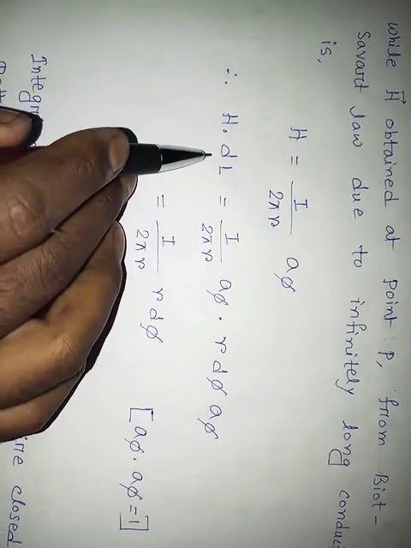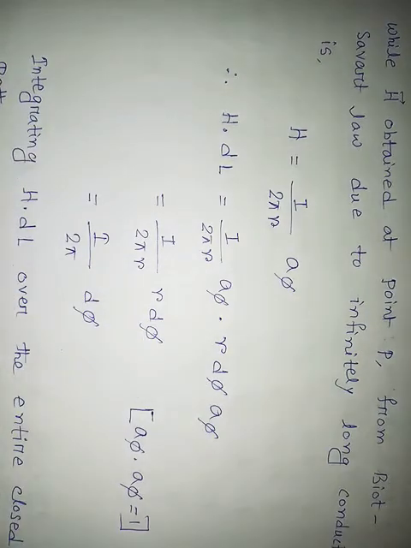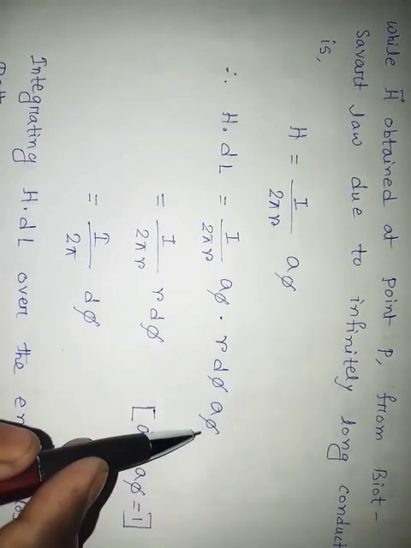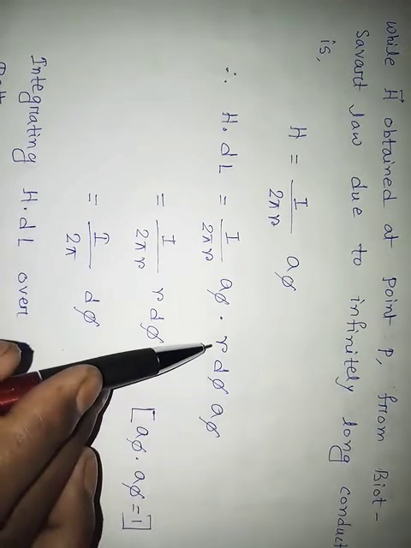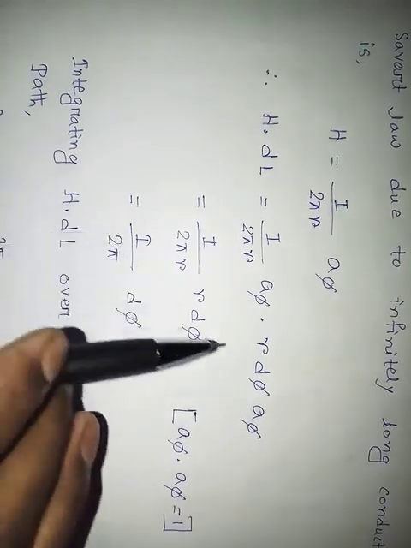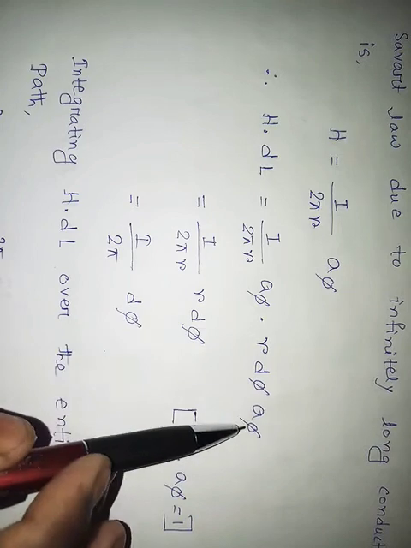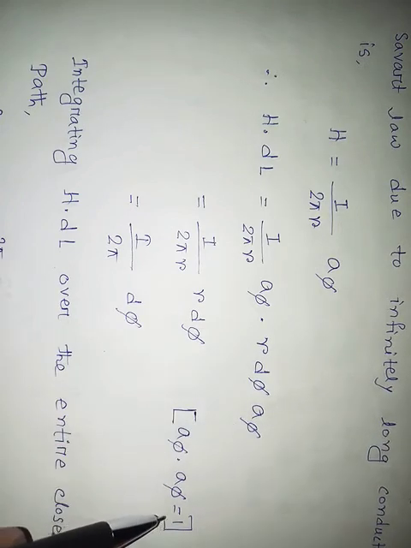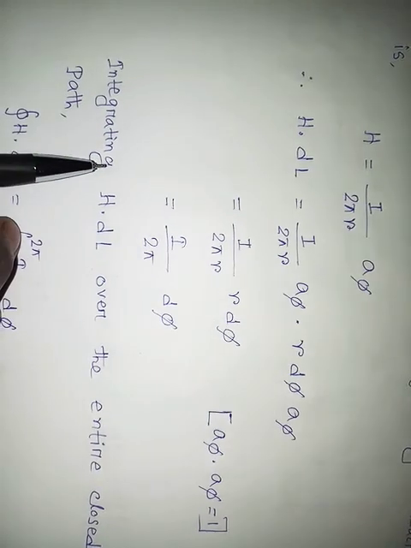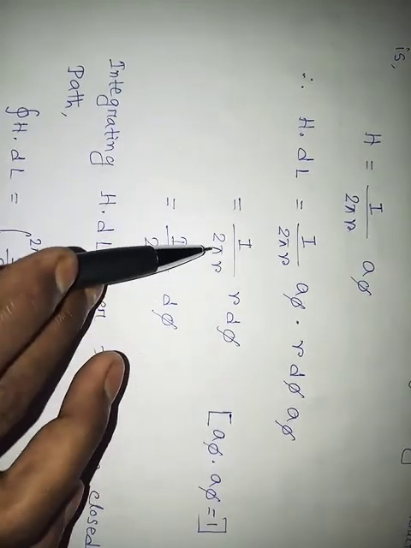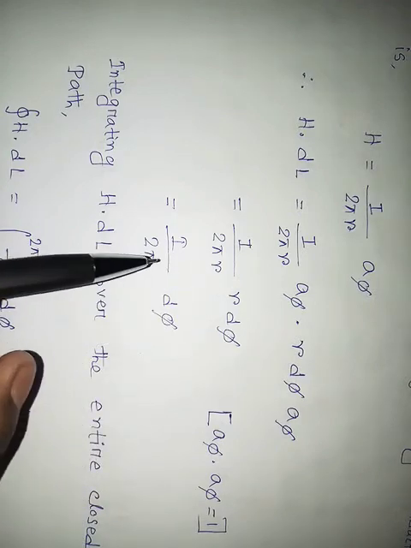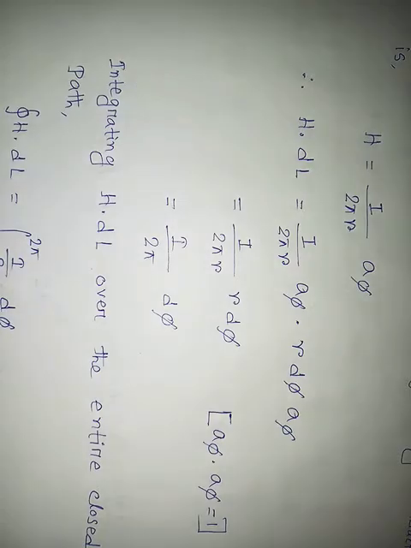In our previous part dl equals r d phi along phi, so on the next line we put r d phi phi. Now both unit vectors in a dot product always give a value equal to 1. So our remaining part is I divided by 2 pi r times r d phi. Here r cancels out, so we are left with I divided by 2 pi d phi.